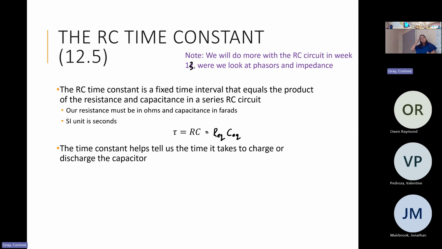That's only if we're using the time constant variable, not if we're looking at R and C versus R divided by L. So any questions before we start seeing our equations?